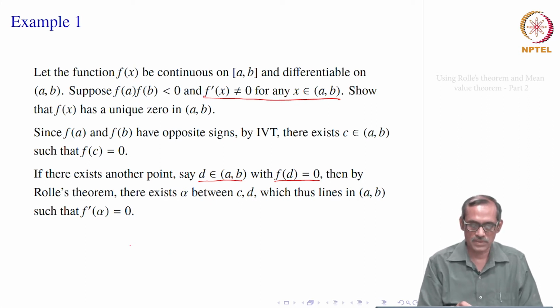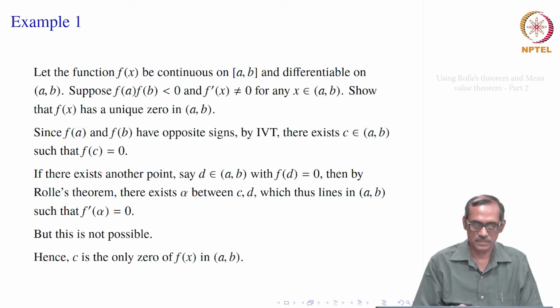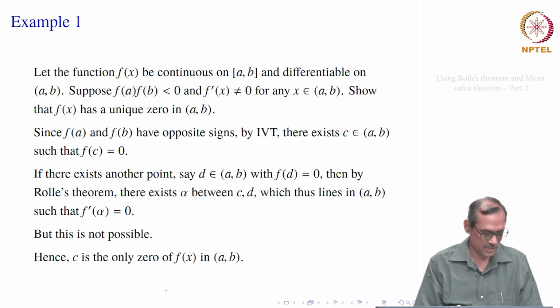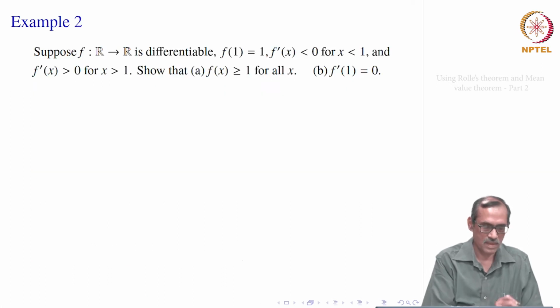Then Rolle's theorem says that there exists a point between c and d, say alpha, where f'(alpha) must be equal to 0. But we know that f'(x) is never equal to 0 inside (a, b). So, that is the contradiction. Therefore, there does not exist another point. So, c is the only 0 of f(x) inside the interval (a, b). This is how we will be using Rolle's theorem.